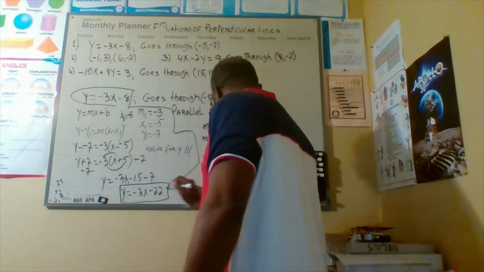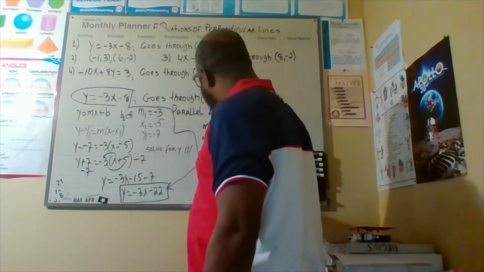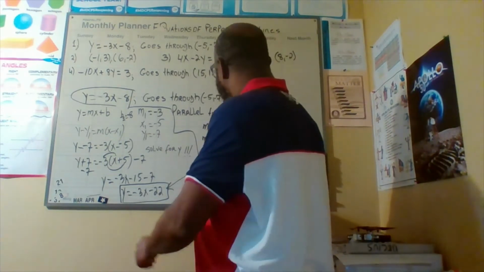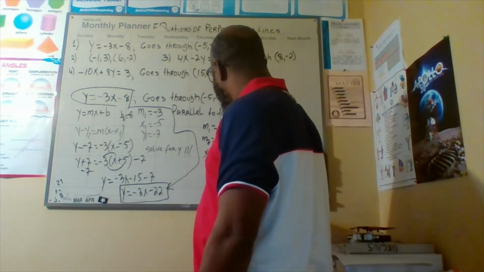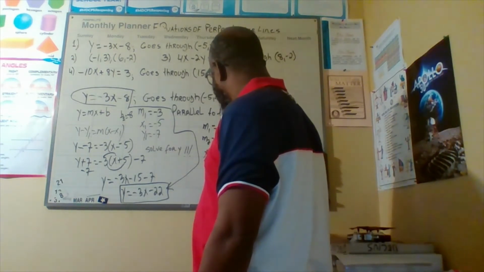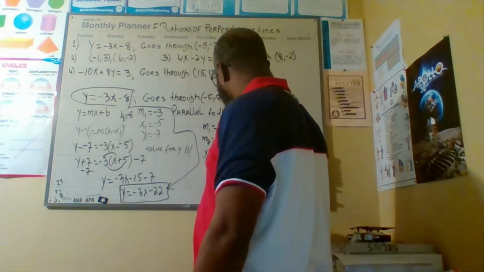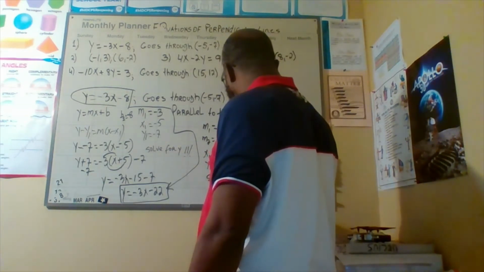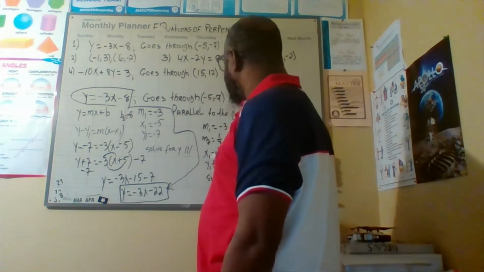Then I will use x1, which was -5, y1, which was -7, and I'm going to solve for y. So I'm doing the same thing. The only thing I did is to find the slope that is perpendicular to that.